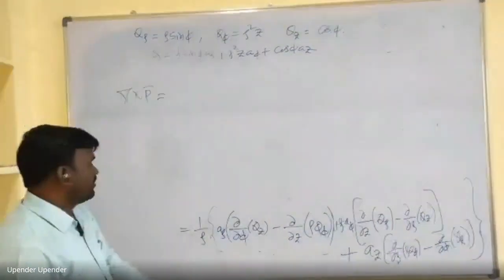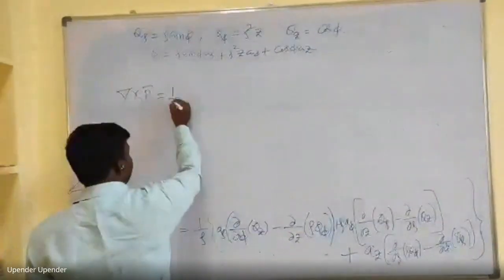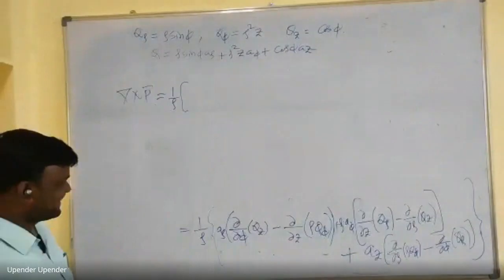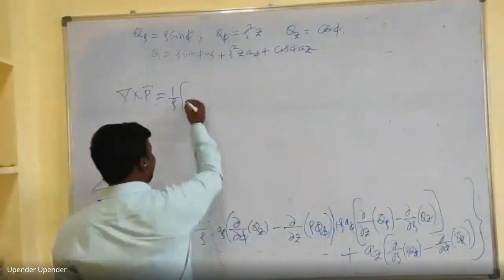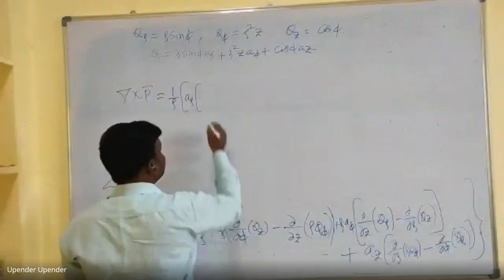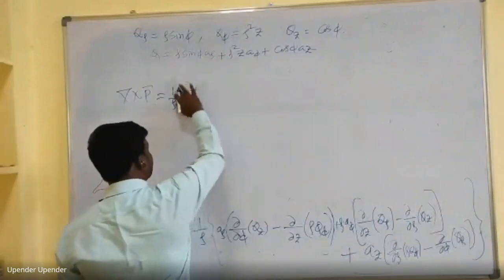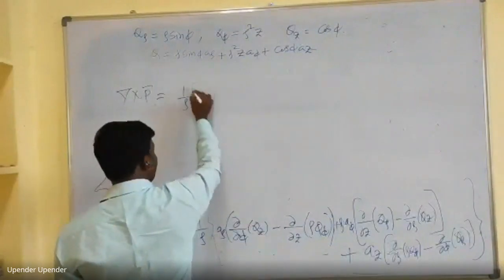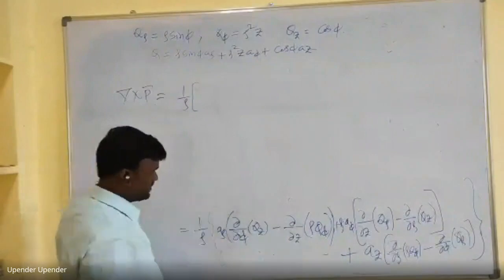This part, 1 by rho into. Simply you have to substitute all these things. Okay, 1 by rho a rho, dou by dou pi of Qz, and I will write this a rho after this entire part.